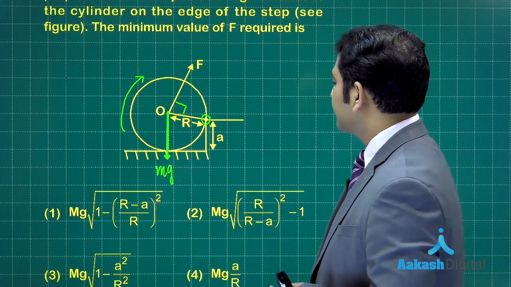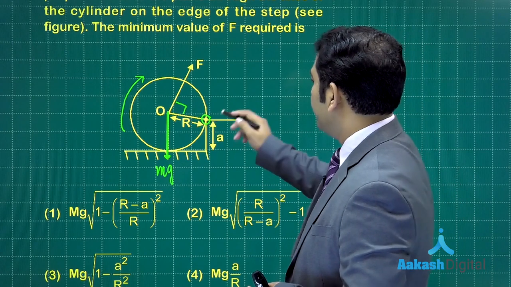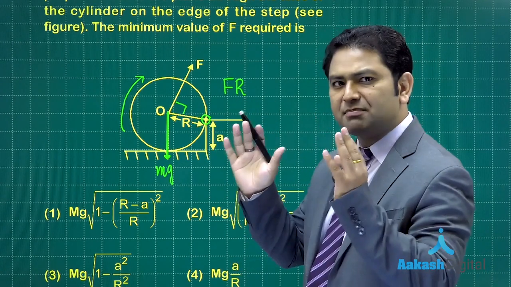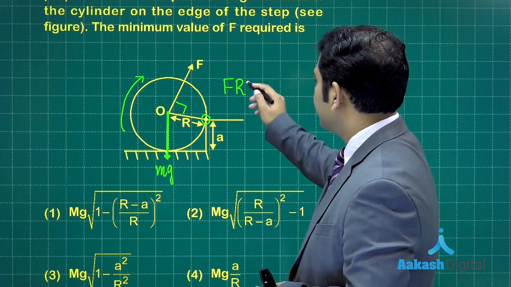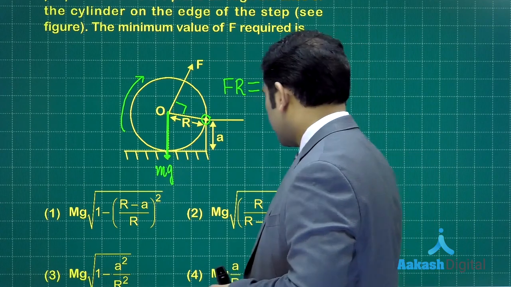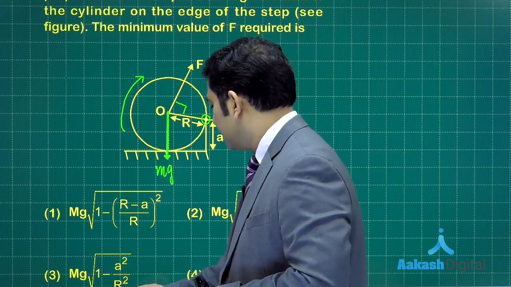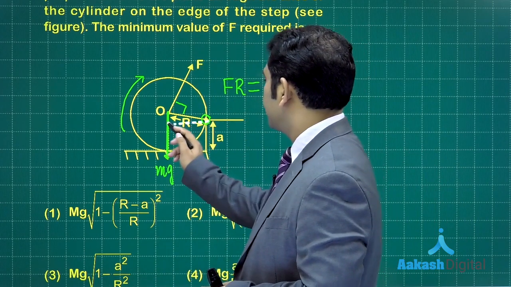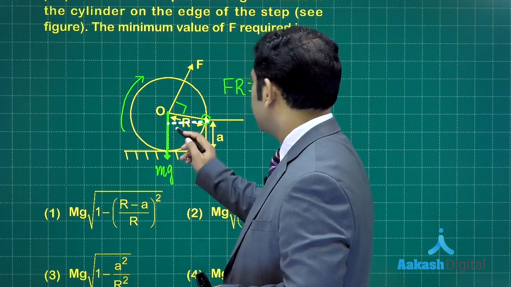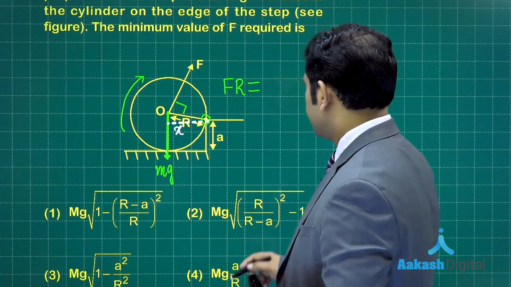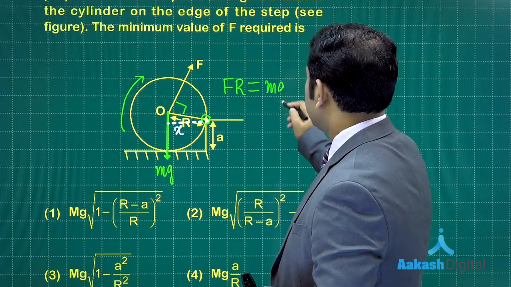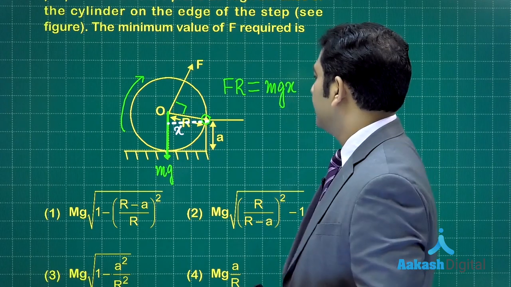Now the idea is quite simple. The torque due to F, that is Fr, since it says minimum, so at that condition it just equals the torque due to mg. Just have a look at it. The perpendicular distance from this particular point is this, and let me call this distance x. So that is going to be equals to mg multiplied by x.